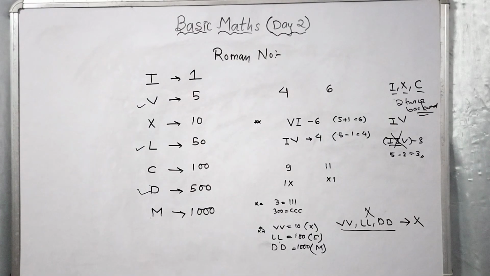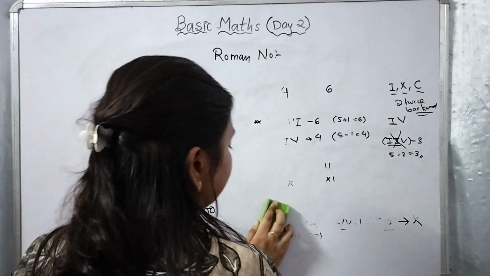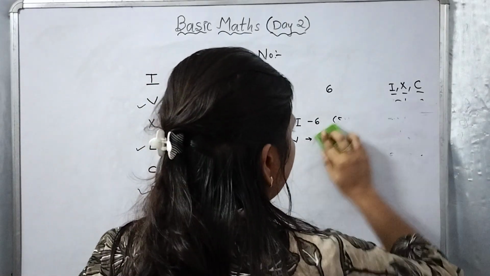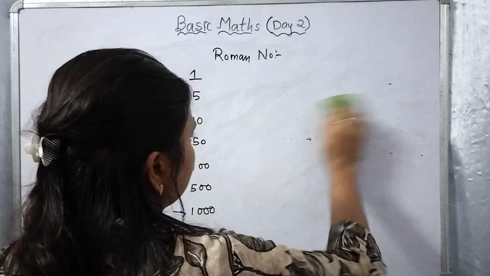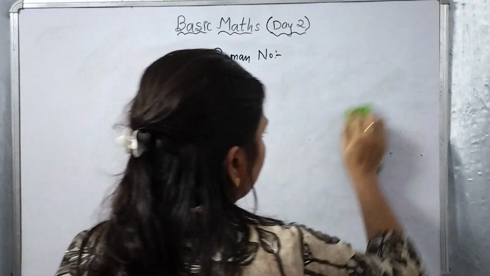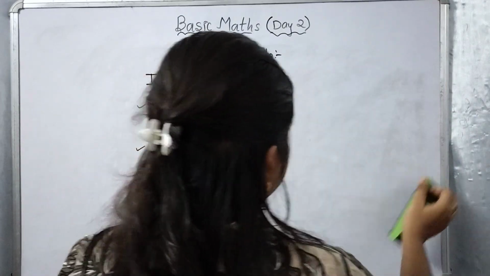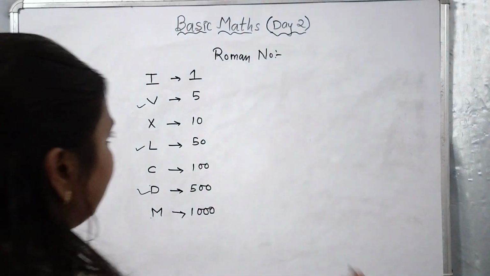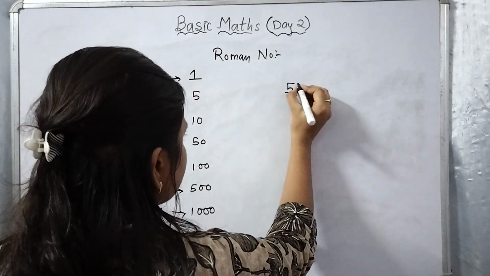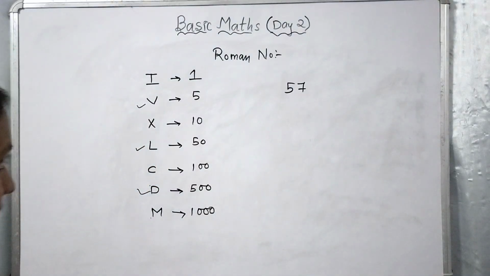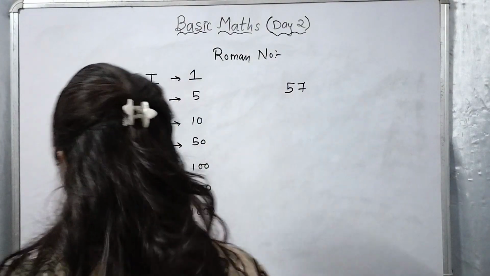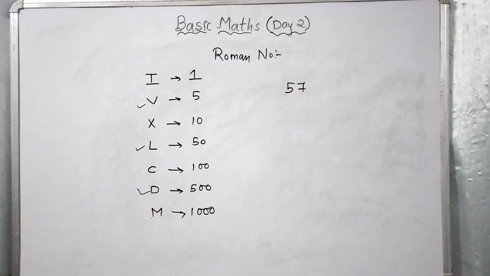So now let's do some exercise. This is very easy but important chapter or topic which needs to be known. Fine. So if you are told to write 57 in Roman number, convert this number into Roman number, how you will convert it?